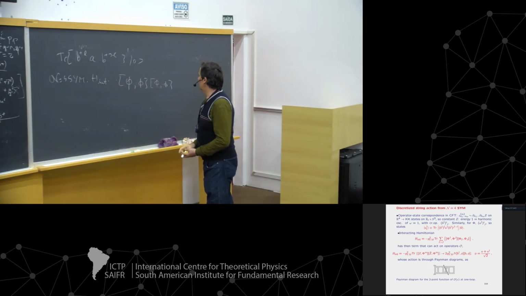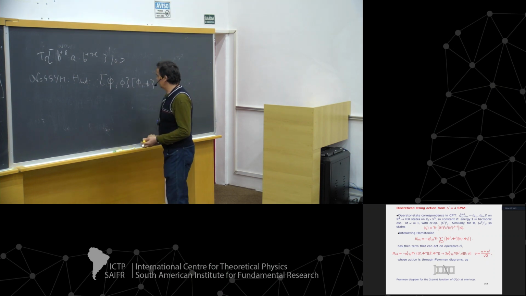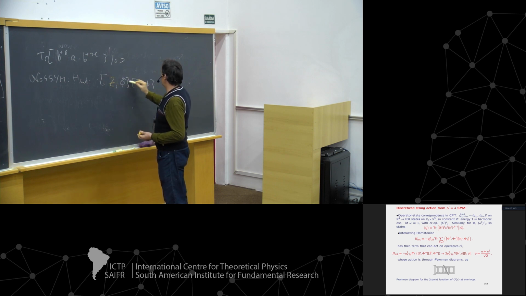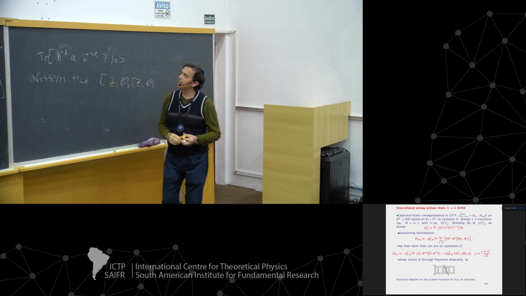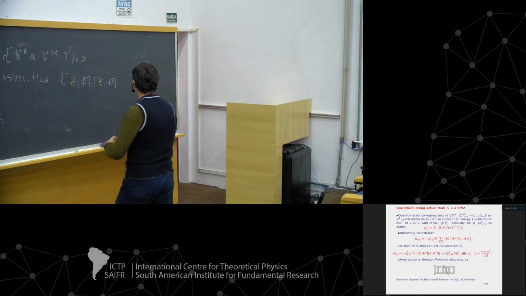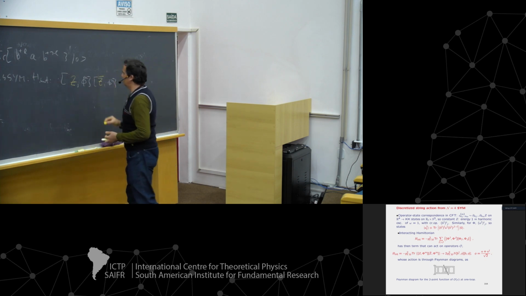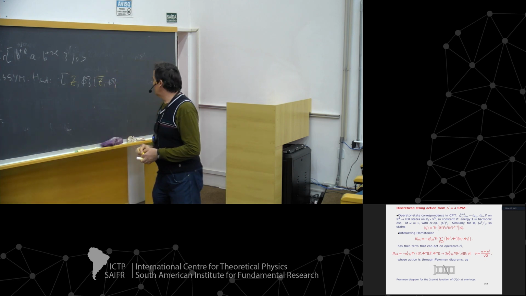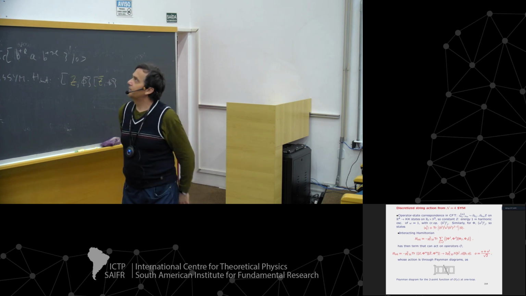And among these guys, I should have said X's. Among these states, I could take two of them, for instance, to be Z's. Then the others to be phi m's. So this is one possibility. And for reality of the interacting Hamiltonian, it has to be Z bar.